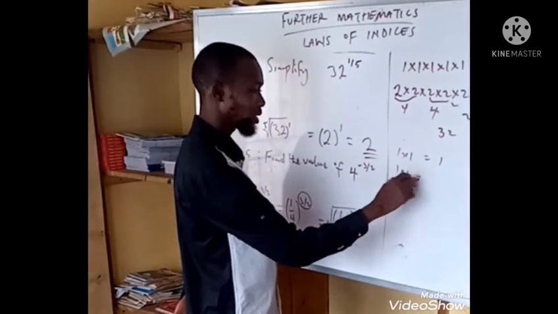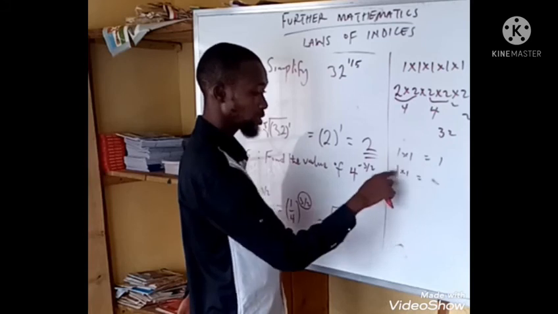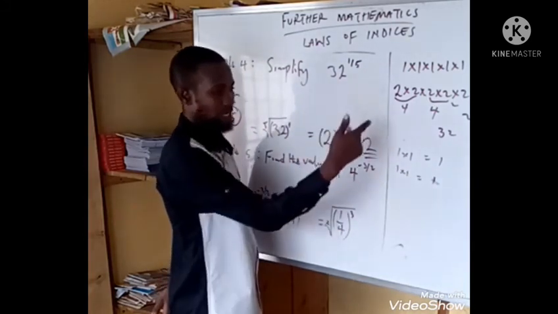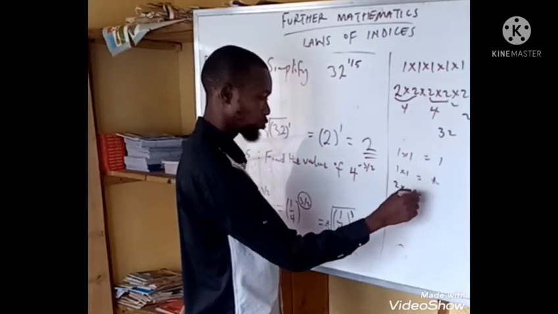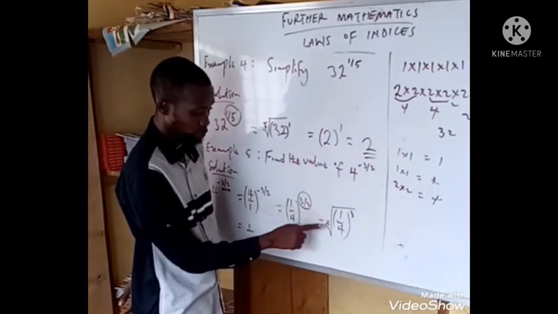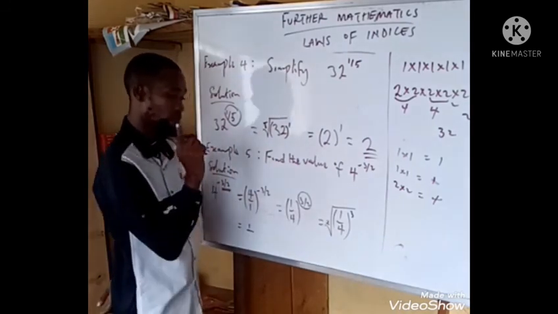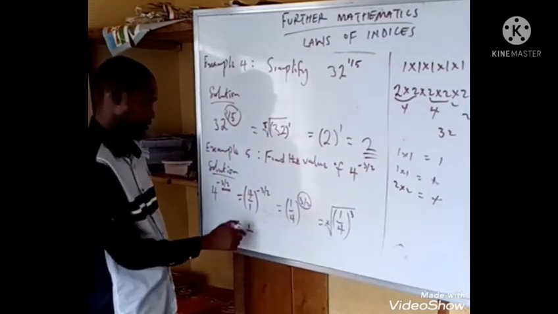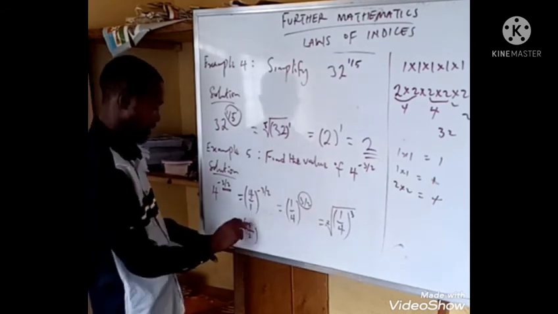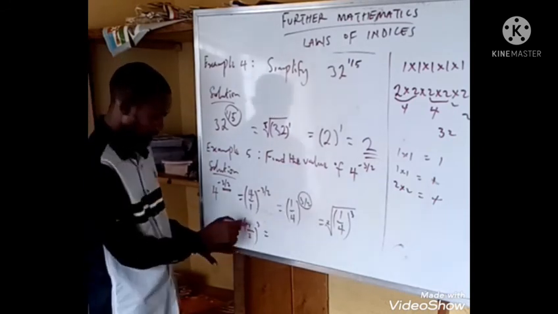Now let's try. When I try 1 times 1, can that give 4? The result of 1 times 1 is 1, so it doesn't satisfy the requirement. Then we progress to the next number, 2 times 2. What is 2 times 2? 4. So we can see that when 2 is repeated 2 times, we get the value of 4. So the number in this denominator is 2. Then everything goes to power 3.